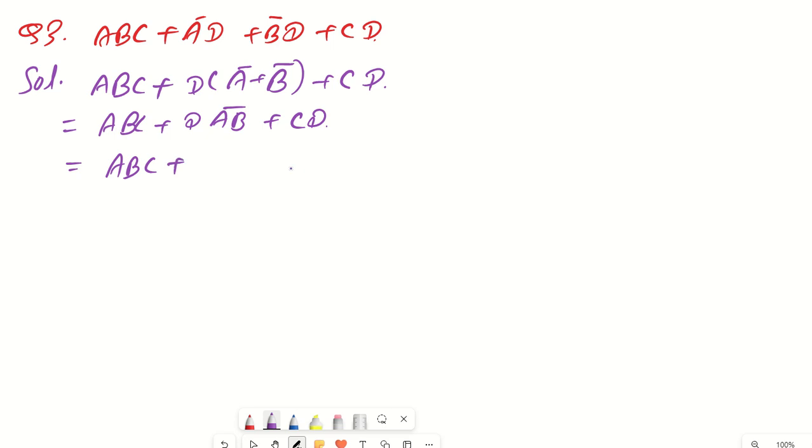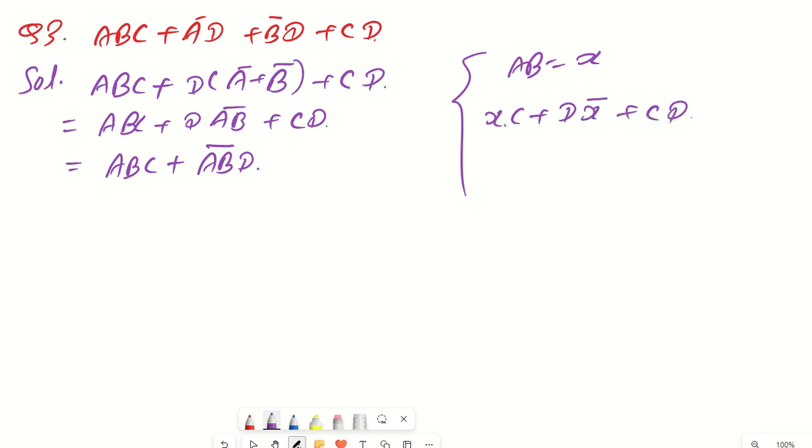Let's say I am going to consider AB is equal to X, then AB will be replaced by X, so it will be XC plus DX bar plus CD. So it is nothing but XC plus X bar D plus CD, right?